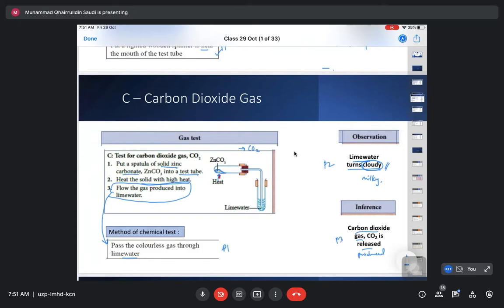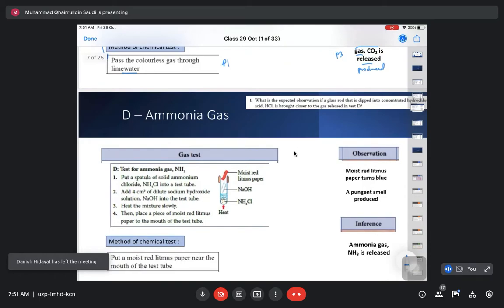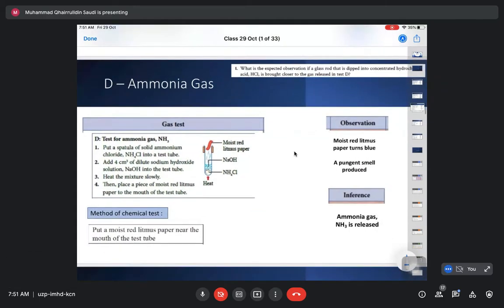Next one, the fourth gas, ammonia gas. How to test for ammonia gas? Like as usual, number 1 until number 3 is how to prepare ammonia gas. So they put a spatula of solid ammonium chloride, and then they add sodium hydroxide solution, and then they heat the mixture slowly, and it should produce ammonia gas.